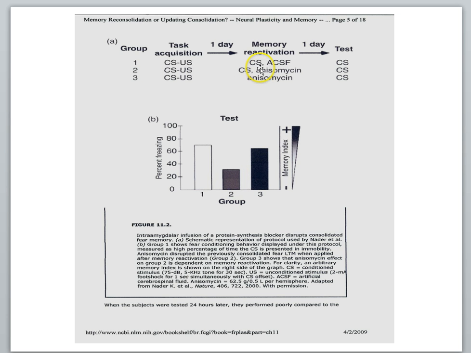It's as if the drug has blocked reconsolidation. Group 3, notice they didn't get a reminder, just the protein synthesis inhibitor, good memory on test day, right? So when you remind the animal, when the memory is reactivated, it becomes vulnerable to procedures that block reconsolidation, and a protein synthesis inhibitor blocks reconsolidation.